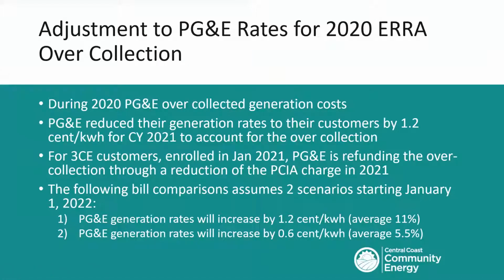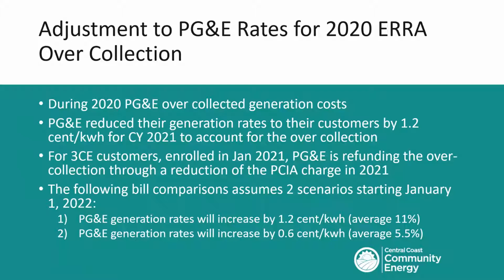So I want to talk a little bit about PG&E rates and their 2020 Energy Resource Recovery Account. It's basically an account that PG&E creates to recover fixed costs. They estimate what those costs are for the previous period, and then in July of 2020, they came out with these estimates of what these costs will be.